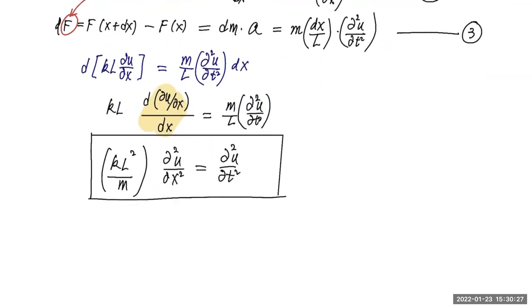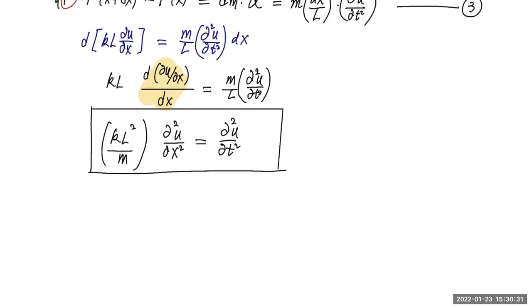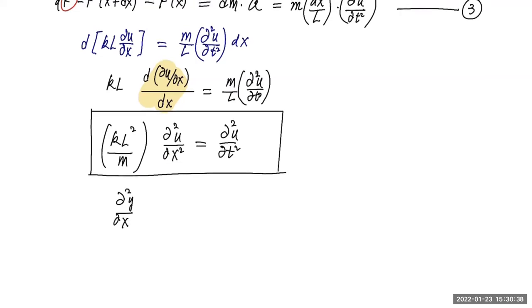How do I know this is a wave equation? Well, we saw in the video lecture the standard wave equation. The standard wave equation is partial squared y over partial x squared equals 1 over v squared times partial squared y over partial t squared. That's the standard wave equation, wave on a string, remember?